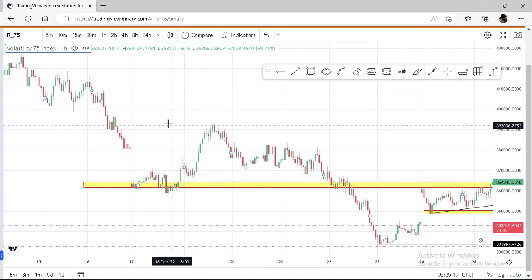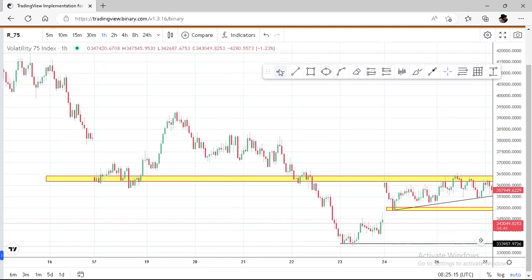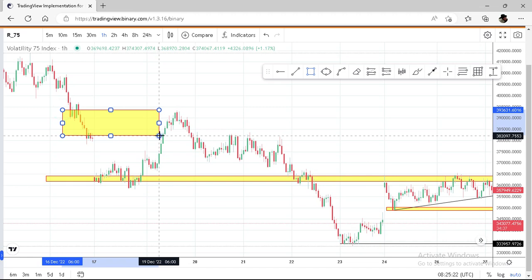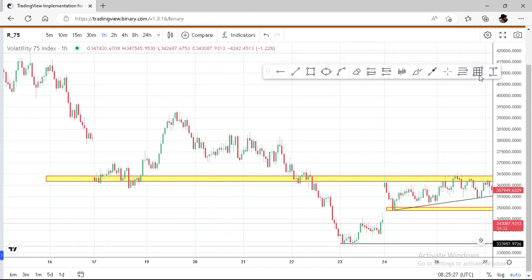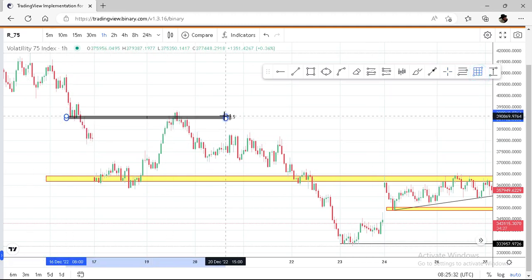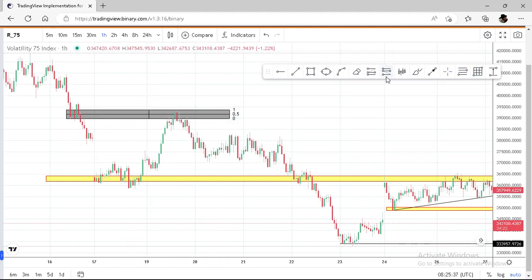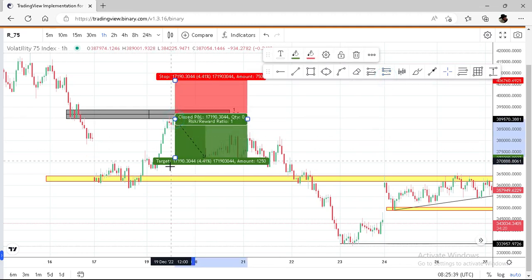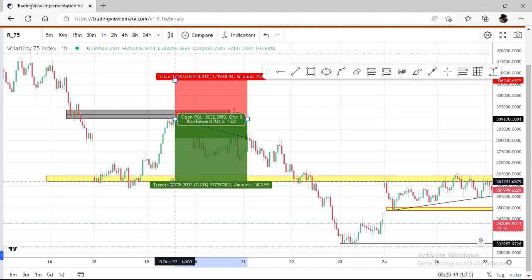hold the positions the entire day. For example, since I am a day trader, if I were to say I'm entering here, my take profit will be this one, maybe this first low or the second low.